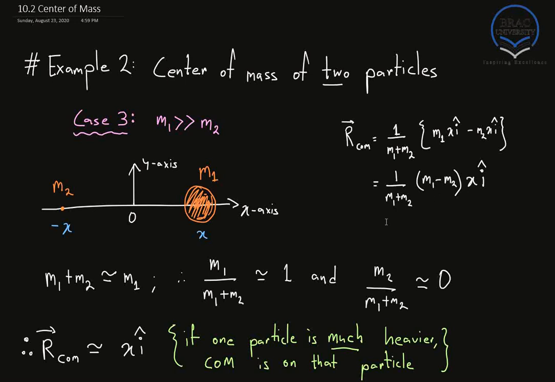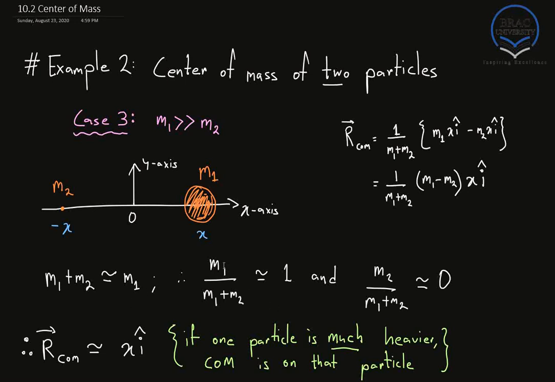But let's simplify this a bit further. Because m1 is much greater than m2, of course m1 plus m2 would be approximately m1. In other words, m2 doesn't add up much to m1, right? So if you add a million to 1, it's close to a million, something like that, right?